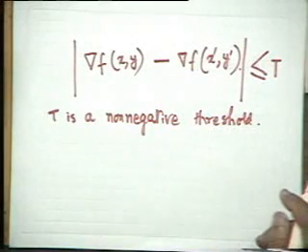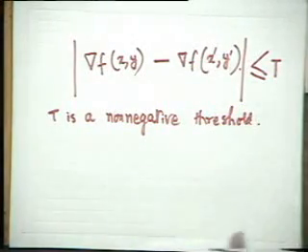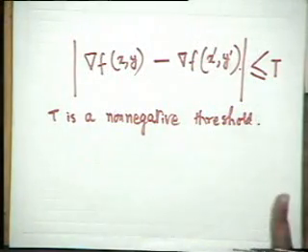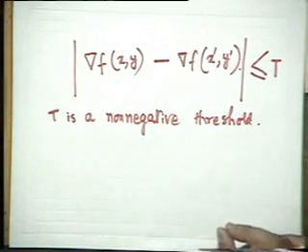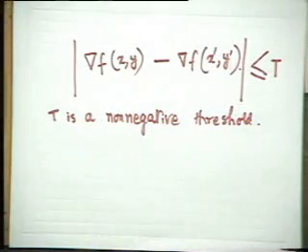T is usually a small value, so that we will be grouping the edge pixels which have very similar gradient intensity values, or very similar edge strengths or gradient magnitudes. So that is criteria number 1 for grouping.